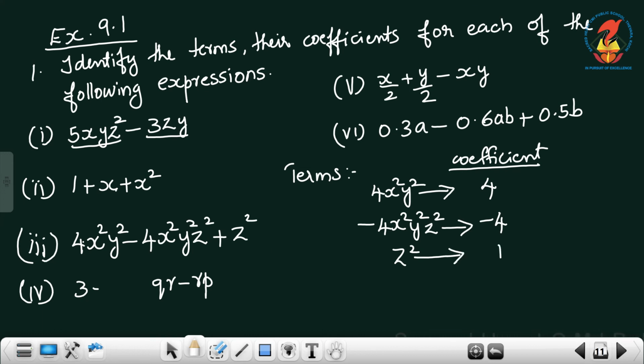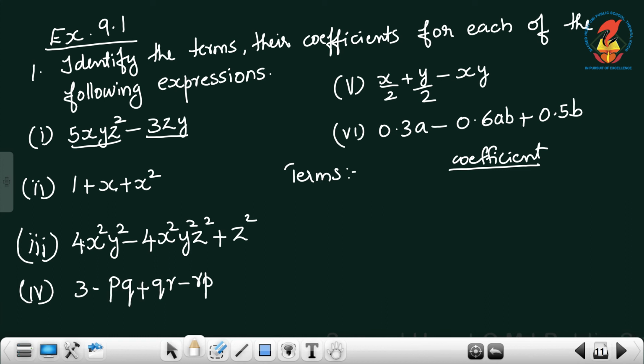Okay. Next algebraic expression, 3 minus pq plus qr minus rp. First term 3, second term negative pq, third term qr, fourth term negative rp. 3 is a constant, no variable part is there.